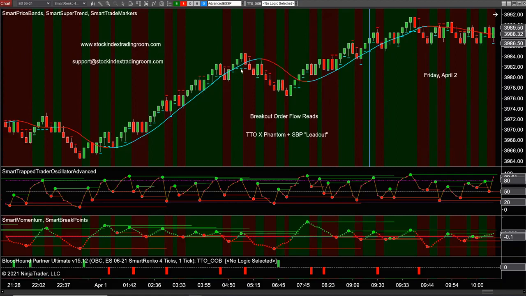These little red and cyan hash marks, which we use for our phantom signal, are smart super trend, and basically they're identifying local, very local to the bar, support and resistance areas in the market. Trapped Trader Oscillator, smart momentum, and then our last down here on the bottom, these are simply little vertical markers that alert us that Trapped Trader Oscillator is undervalued. It is overvalued.